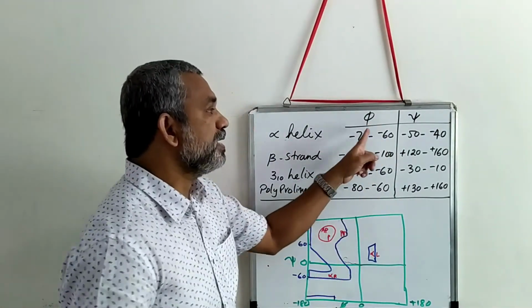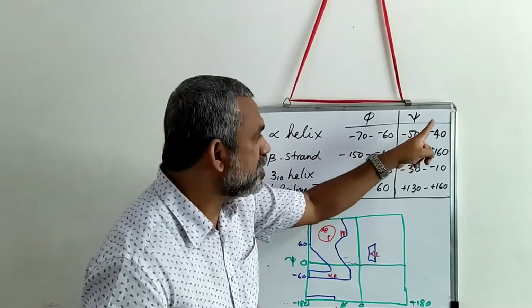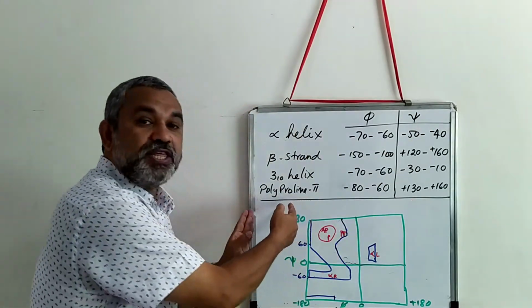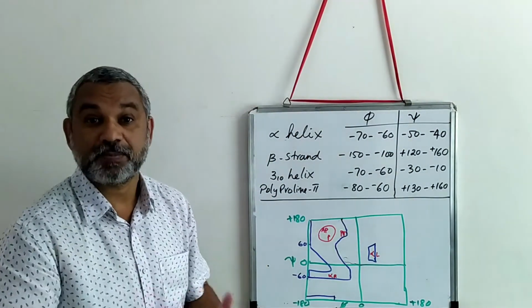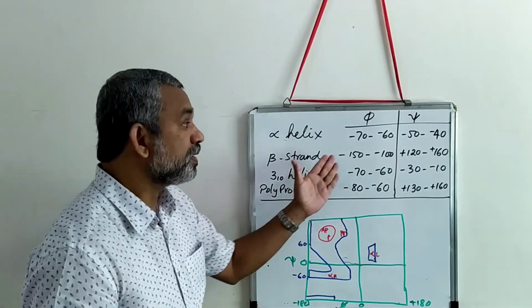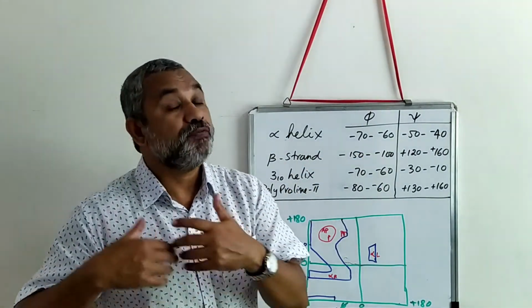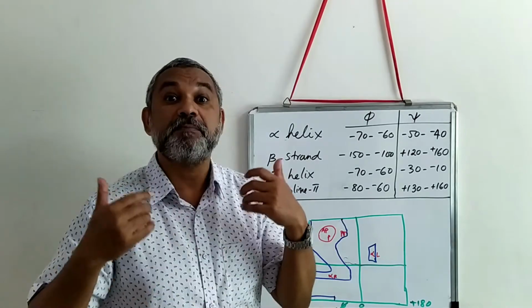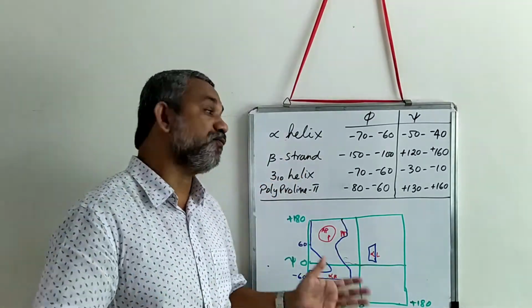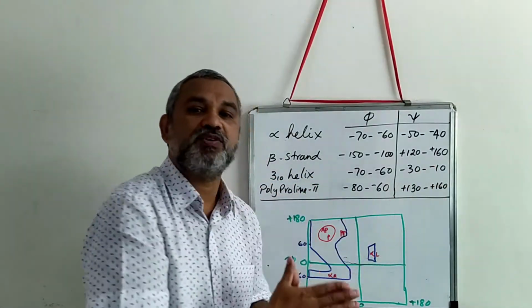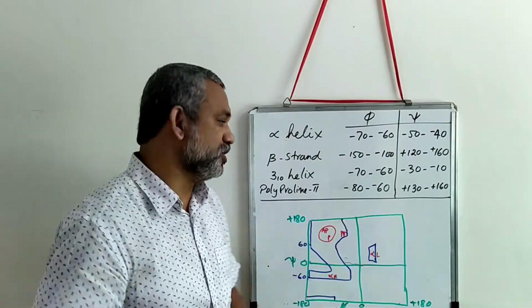You can see the phi value and the psi value for each of these forms found in protein secondary structure. In certain books you will also find the median value used for drawing this, but this gives you a broad range.